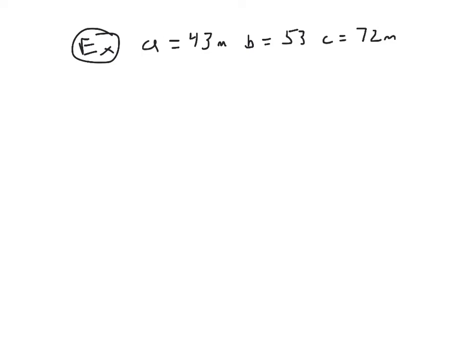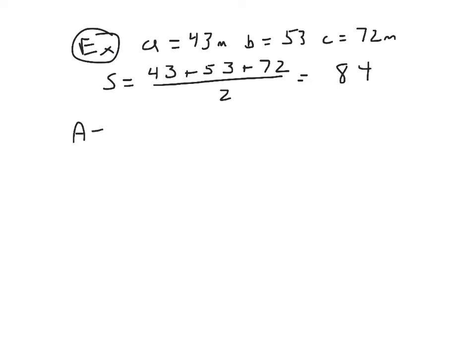So to do Heron's formula, I need to first find what S is. We said that S would be a plus b plus c, all divided by 2. So let's go ahead and figure out what that is. You guys do this on your calculator along with me. Make sure that you agree I'm getting 84 for S.